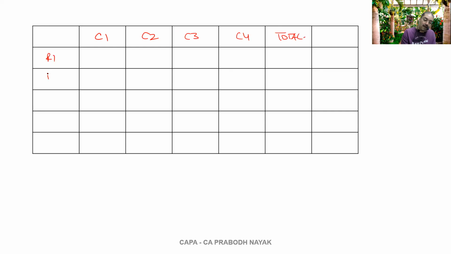R1, R2, R3, total. They have not given you demand, supply, nothing. It's not important because we know now that it will be this or this, whichever is less. Whichever is less will be taken. They are not concerned whether it is demand or supply.